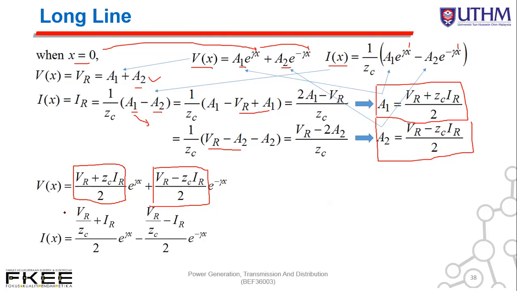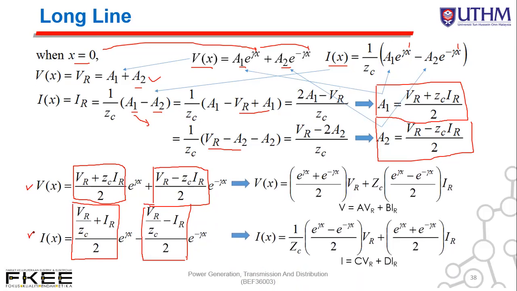So we got current Ix equal to (VR/Zc plus IR)/2 times e^(γx), and also (VR/Zc minus IR)/2 times e^(−γx). So we have the equations now for the voltage and the current.